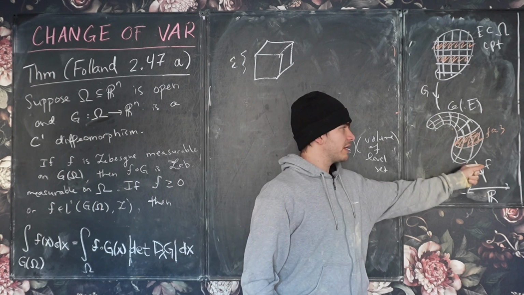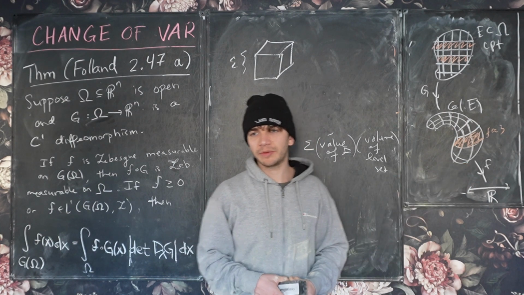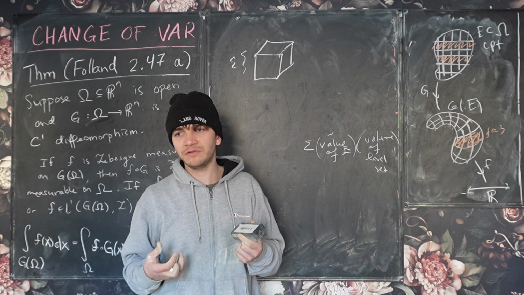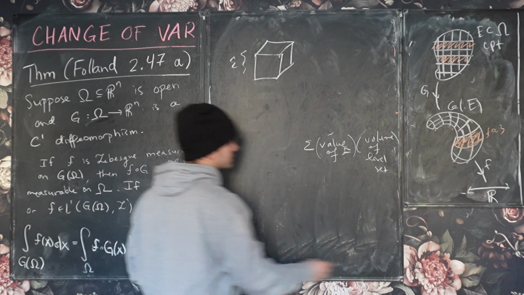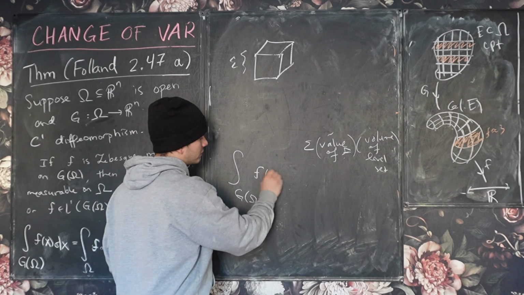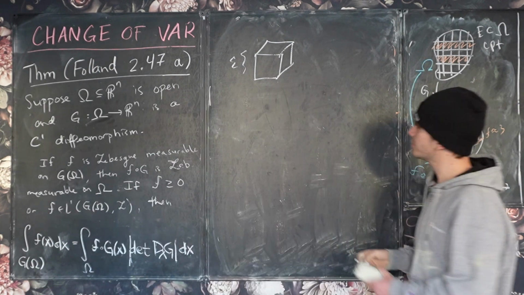So if I want to integrate with respect to this partition, the integral shouldn't depend on the partition of the space. As long as you partition finely enough, the integral will converge to the correct value. So the integral I'm trying to compute is the integral over g of omega of f of x.